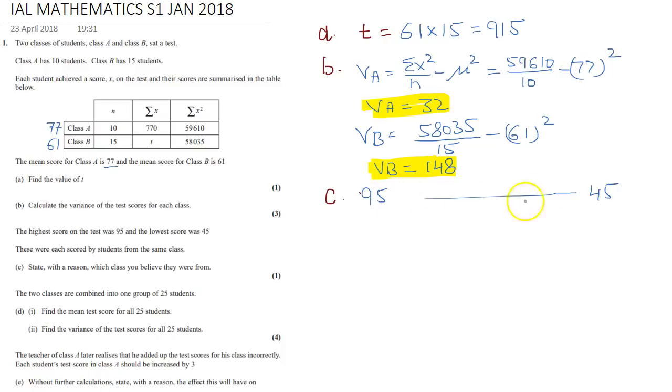Now here is the big variance, because one student scored 95 and another scored 45. The difference is big, so the variance is more. So definitely it is class B.